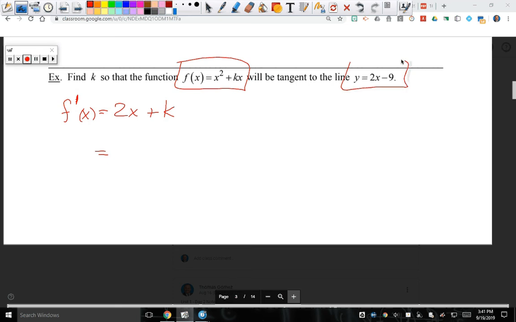Because this is the tangent line, where it will have a slope on that entire line of 2. So we're trying to set this function equal to 2 so we can find out where this occurs.